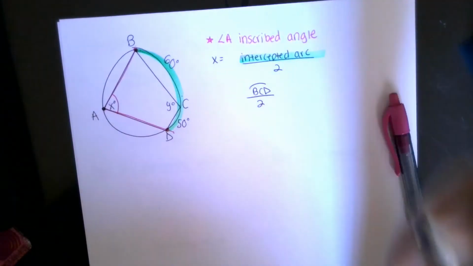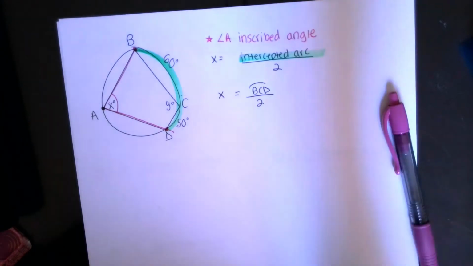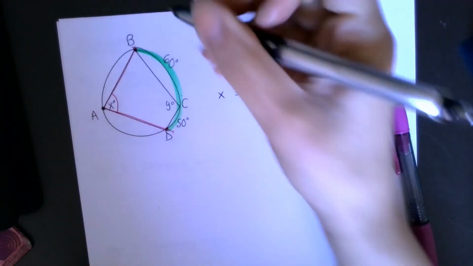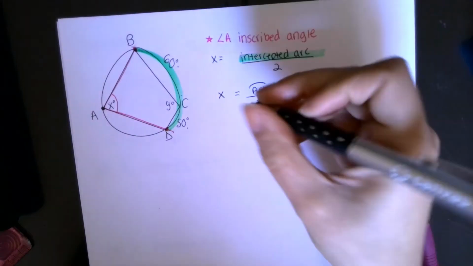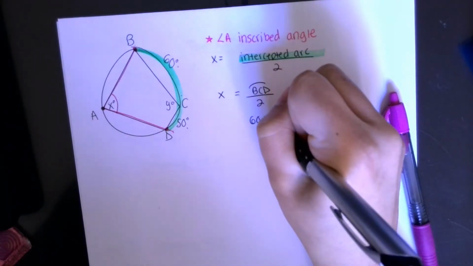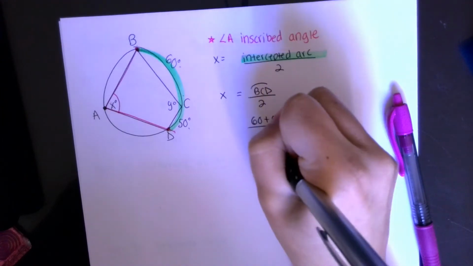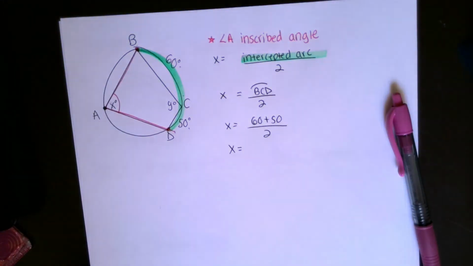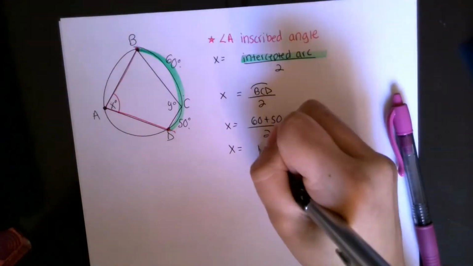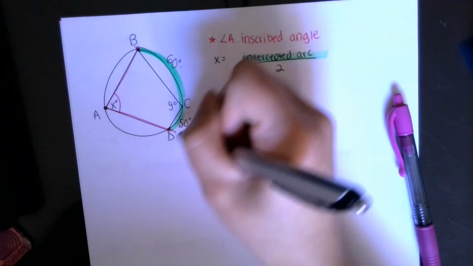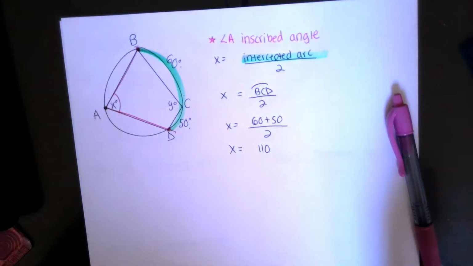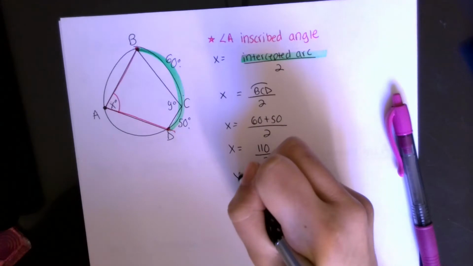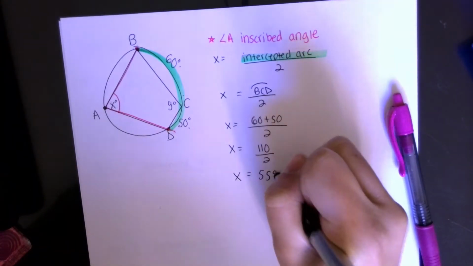Half of arc BCD will give me X. I have 60 and 50, so you just add them: 60 plus 50 is 110, divided by 2. So this whole arc is 110, and half of that gives me X. X is 55 degrees.